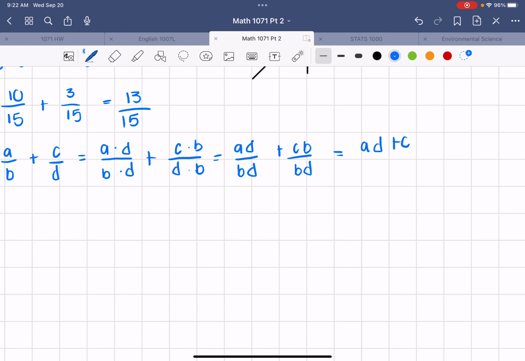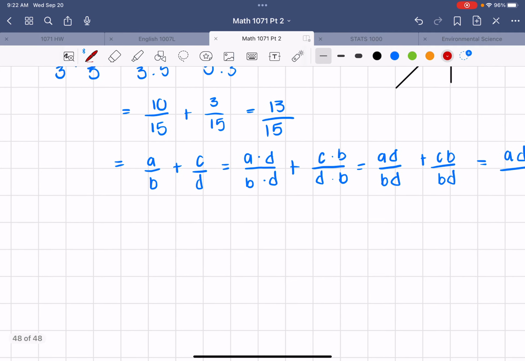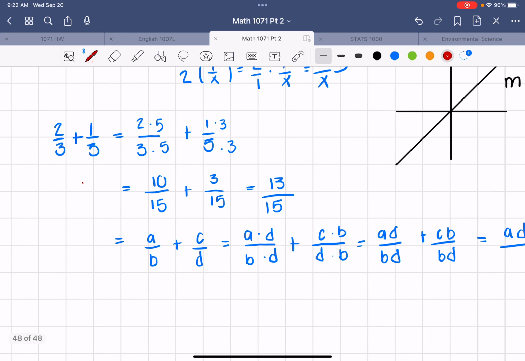It doesn't work. Look up here. Would you do that up here? 2 plus 1 is 3. 3 plus 5 is 8. No. So, as I say, this is going to come up.